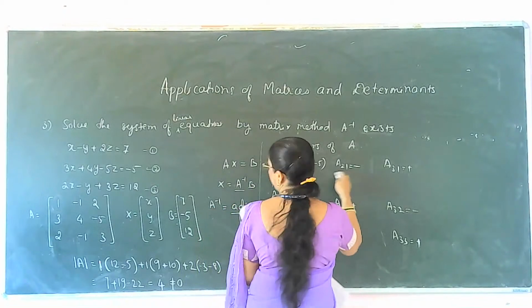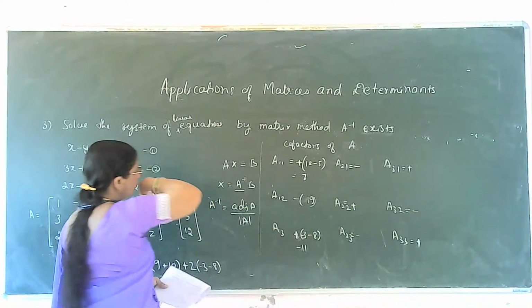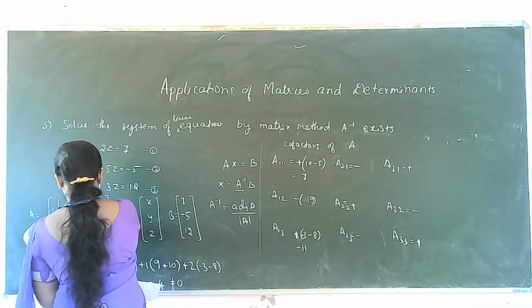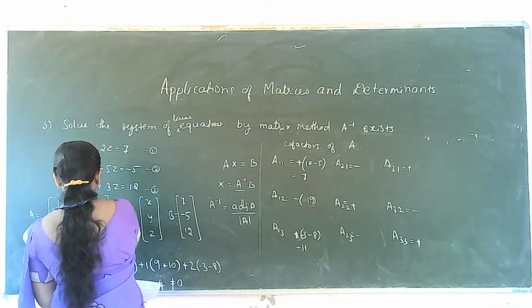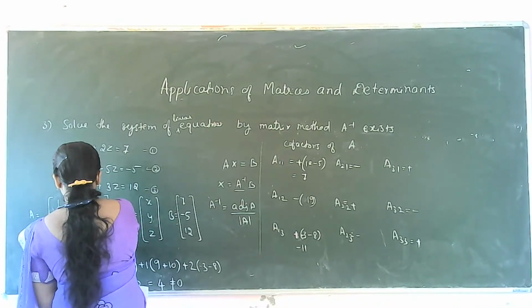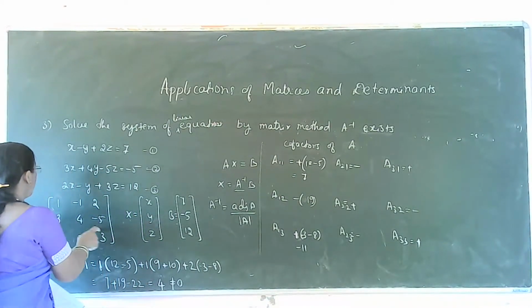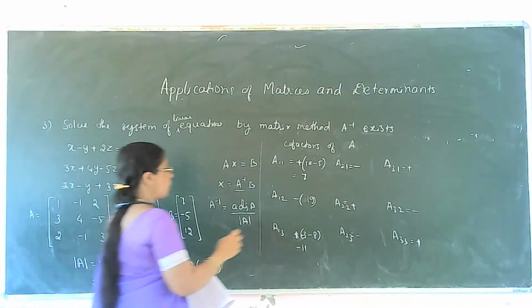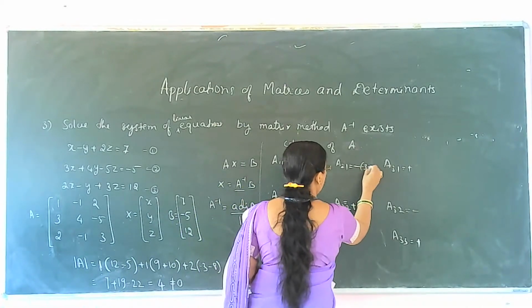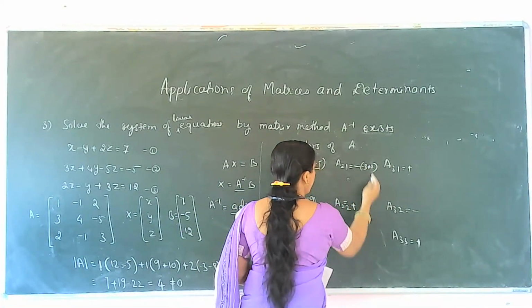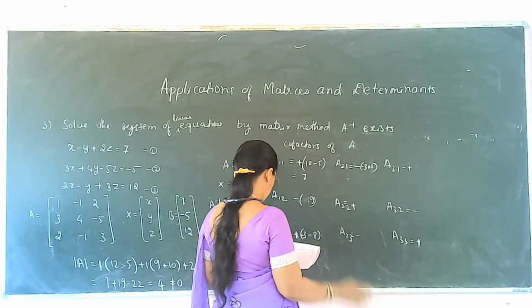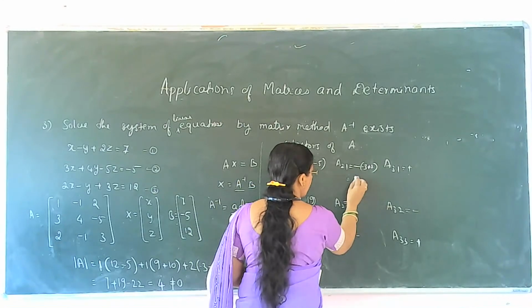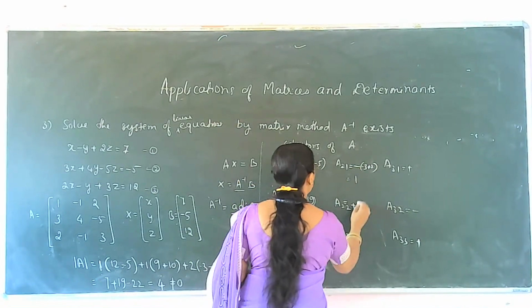Then A21: deleting the first column and second row, we get minus 1 into (3 minus 3 plus 2), which is minus 1 into minus 1, it's plus 1.